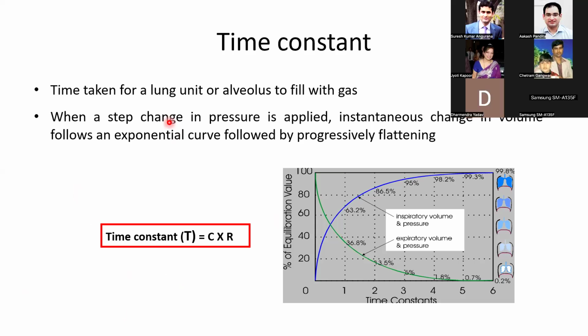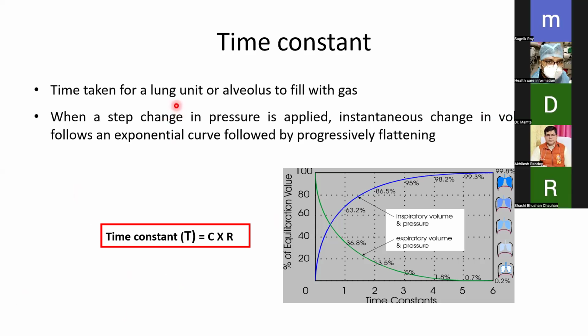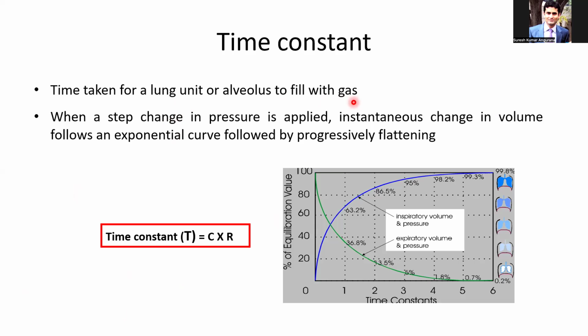Time constant is defined as the time taken for a lung unit or alveolus to fill with gas or to empty of gas. When a step change in pressure is applied, there is a very fast change in volume followed by a progressively flattened curve.